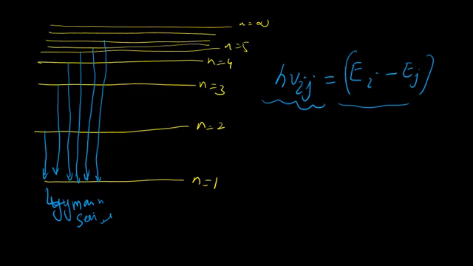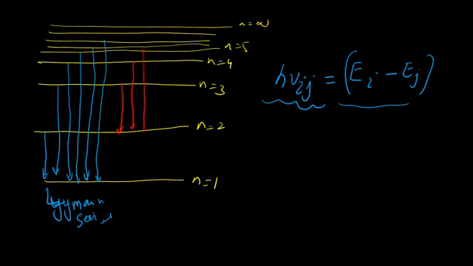In the same way, the second series is called the Balmer series, which corresponds to the emission jump from higher orbits to the n equals 2 shell.